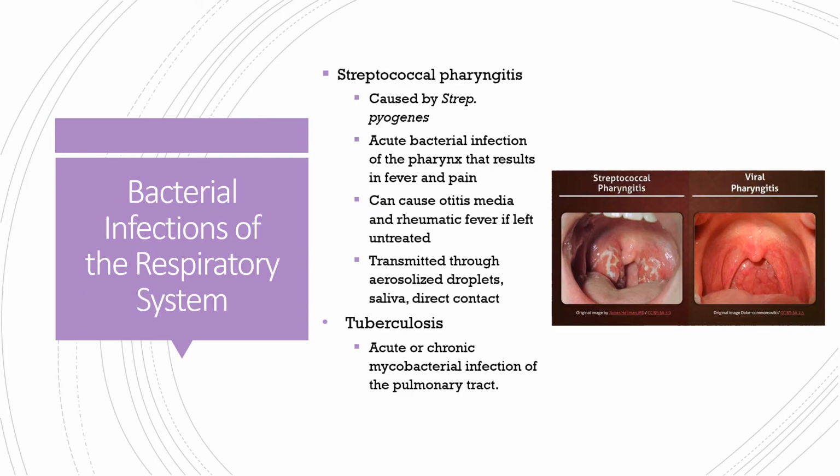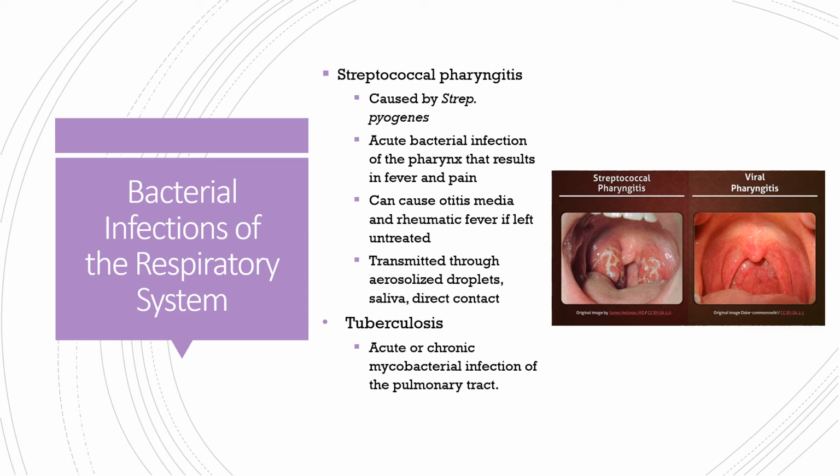Now, streptococcal pharyngitis is caused by the strep pyogenes. It is an acute bacterial infection of the throat or pharynx, and it results in fever and pain. The tonsils are often involved, and we see these little white plaques that are characteristic of strep on the tonsils, and you can see that in this image here, the one labeled streptococcal pharyngitis.